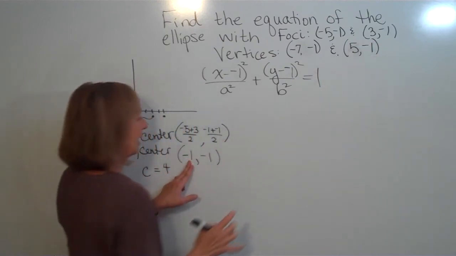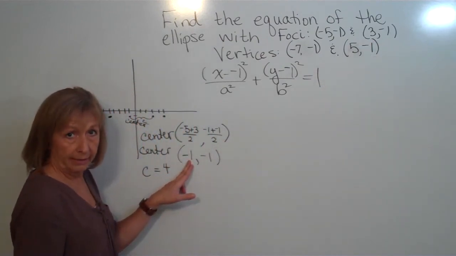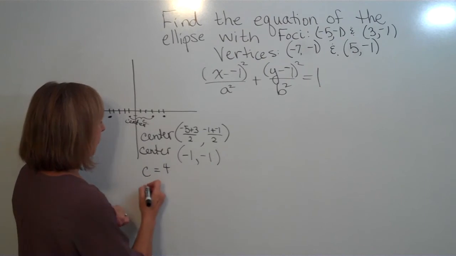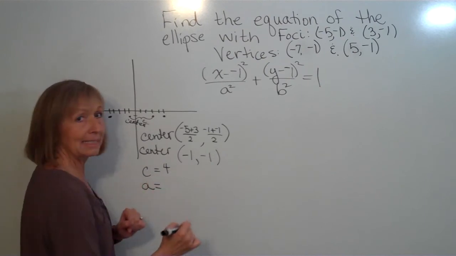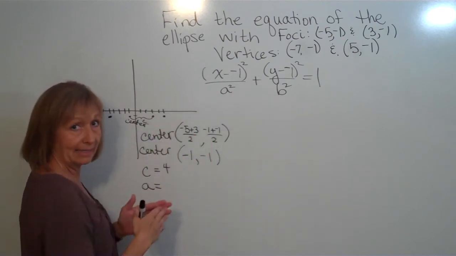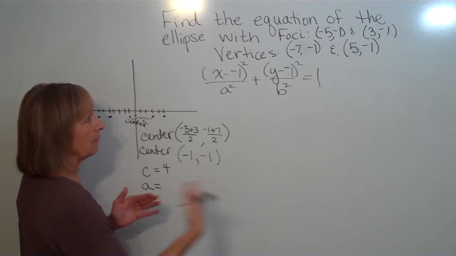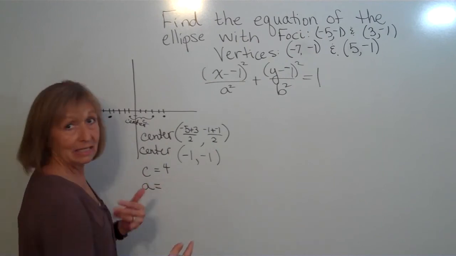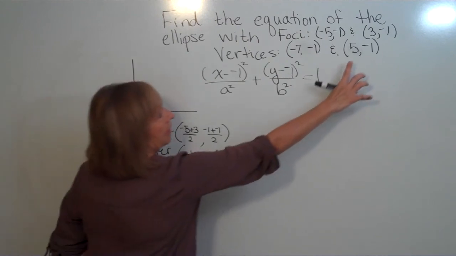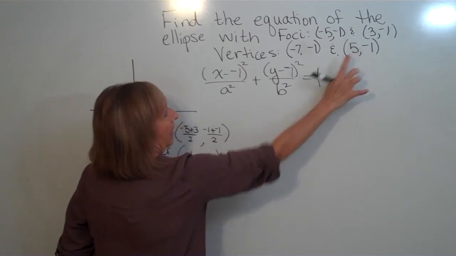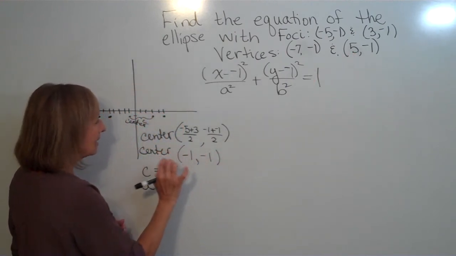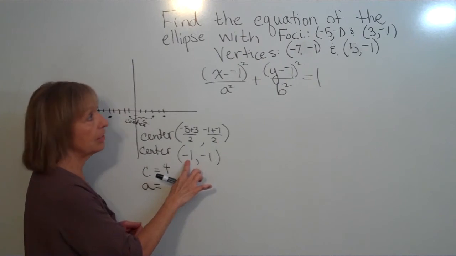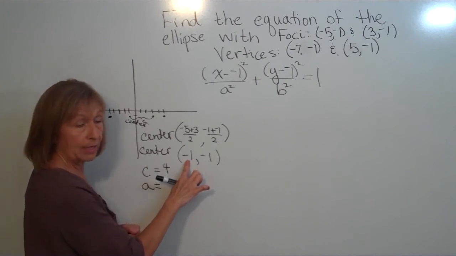Well, 3 minus negative 1 is a distance of 4 away. Then for my a, that's the distance between the vertex and the center. So again, it's my x coordinates that are changing. So if I take this x coordinate 5 and subtract the x coordinate of the center, 5 subtract negative 1 is 6.